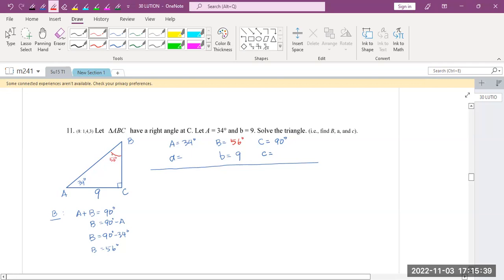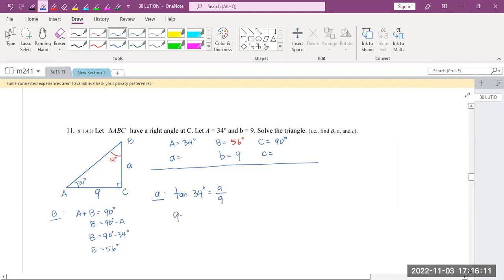Now suppose I want to find side A. This is side A here. What relates side A, the 9, and 34 degrees? That's tangent. Tangent 34 degrees equals A over 9, right?